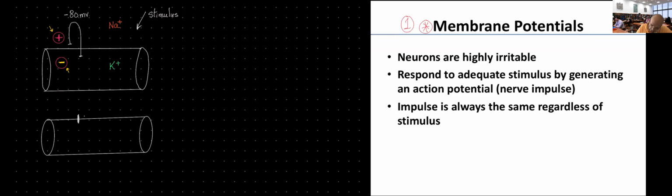Those are my sodium channels on here. They have two gates, an outside gate and an inside gate. The inside gate during rest is going to be open, and the outside gate is going to be closed. Whenever I receive enough stimulation to this nerve cell, the outside gate is going to open.